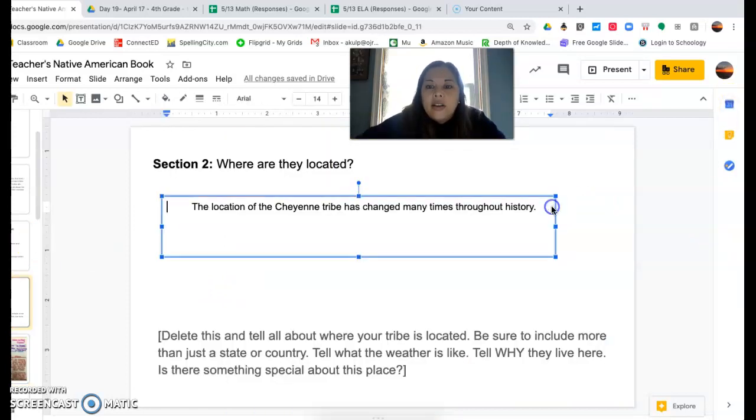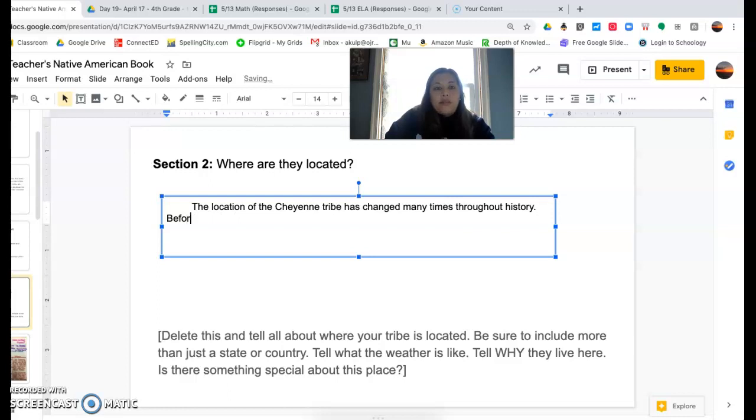Now here, I need a transition phrase or word. I reread my writing: the location of the Cheyenne tribe has changed many times throughout history. Okay, the Cheyenne were, where I could start with before the Europeans arrived, right?